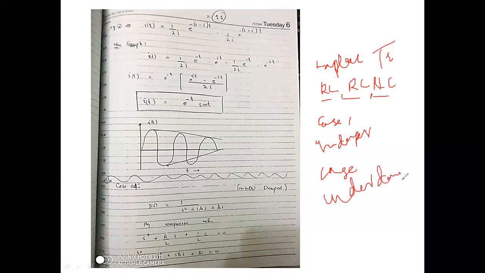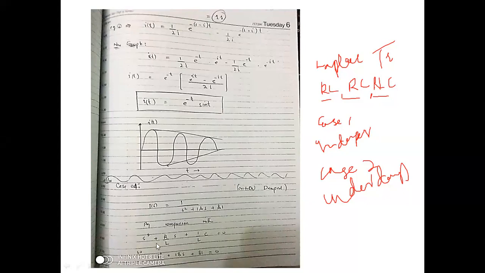So in this lecture we will study the remaining two cases, that is the overdamped and critically damped. So let's start. For example, this I of s is given as 1 over s square plus 18s plus 81.